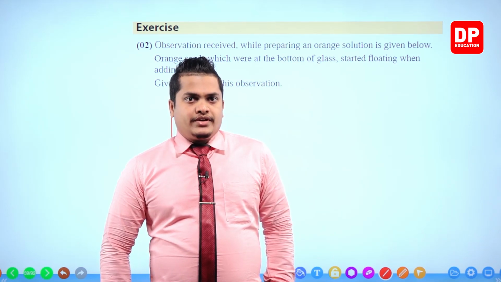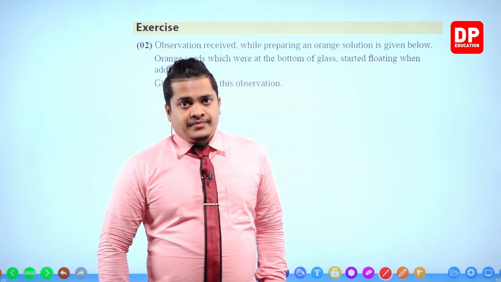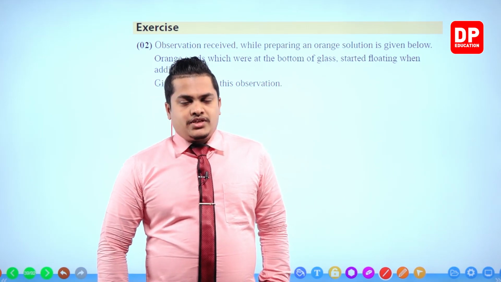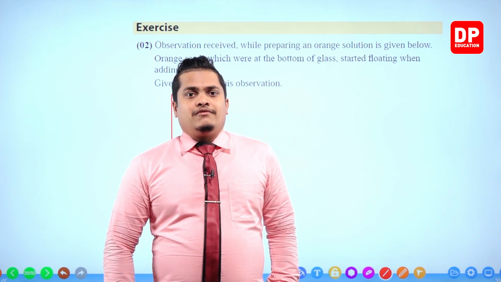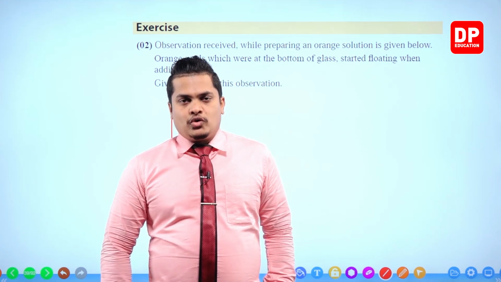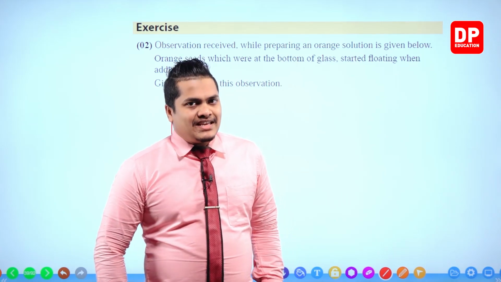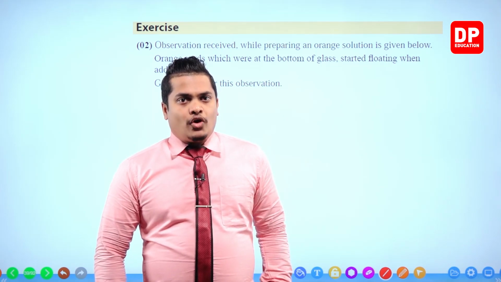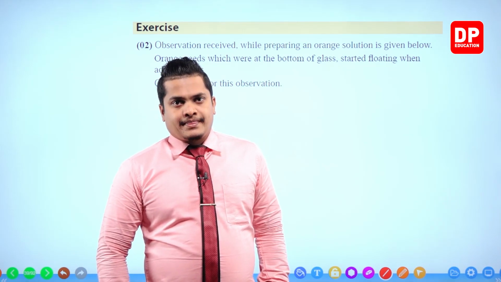Now check about the Dead Sea. Remember about the Dead Sea. More amount of salt is dissolved within the Dead Sea, so therefore the density is very high. If the density is high, people can even float within the Dead Sea without sinking. It's because the density of the water is very high. So when the density is very high, objects will definitely float on that particular liquid. That's the basic idea.